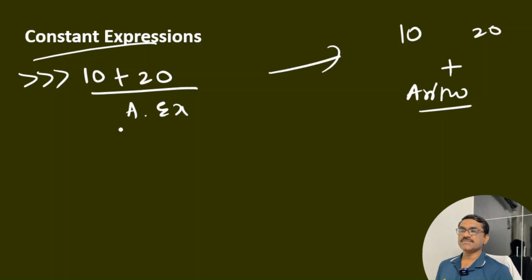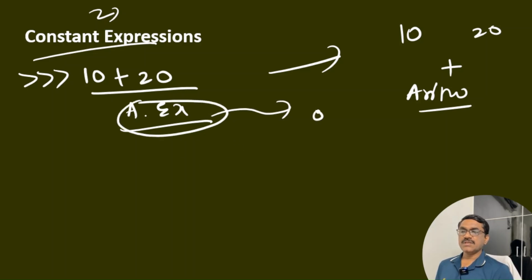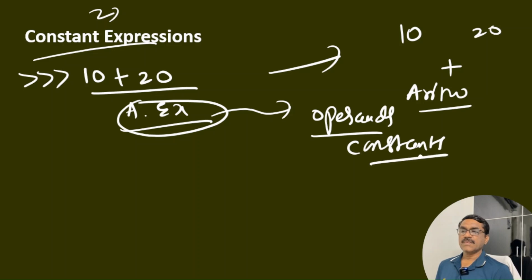Yes, it is an arithmetic expression. Now, why are we talking about the constant expression? It is an arithmetic expression, and at the same time, the operands here are constants: 10 plus 20. That's why we are specifically calling it a constant expression.